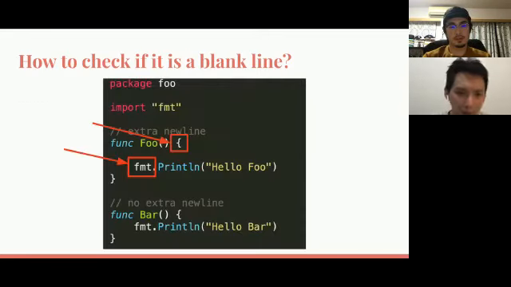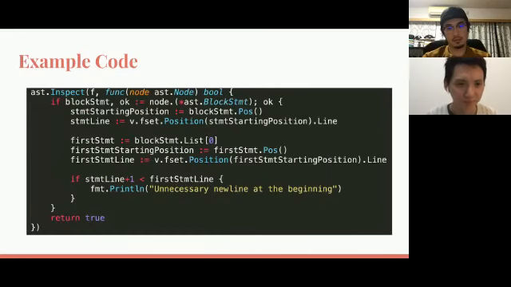We are going to take the opening bracket, which is the opening of the block statement. We're going to take the line number of that and the line number of the fmt.Println function call, which is the first statement within this block statement. Kind of a bit confusing, but you'll get to that. I mean, I'll get to that.